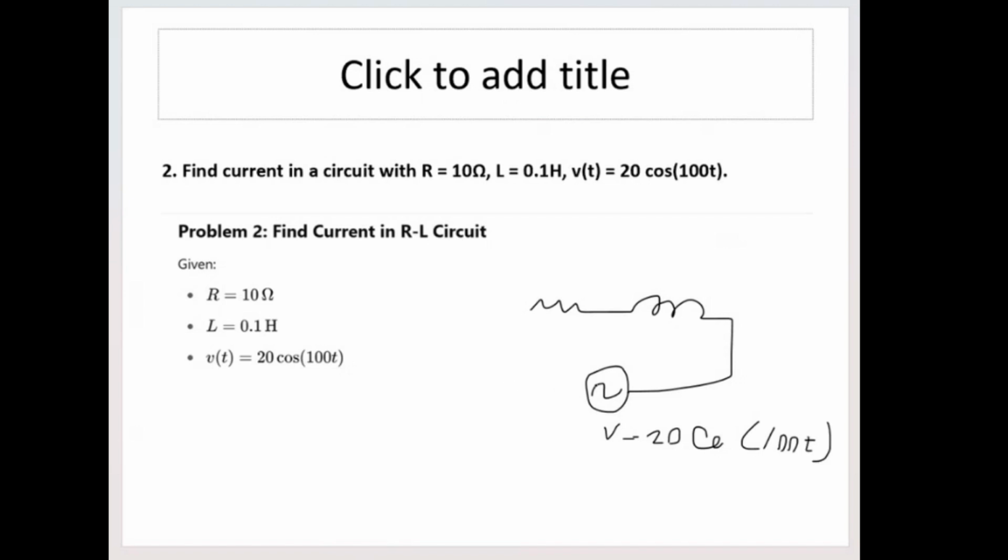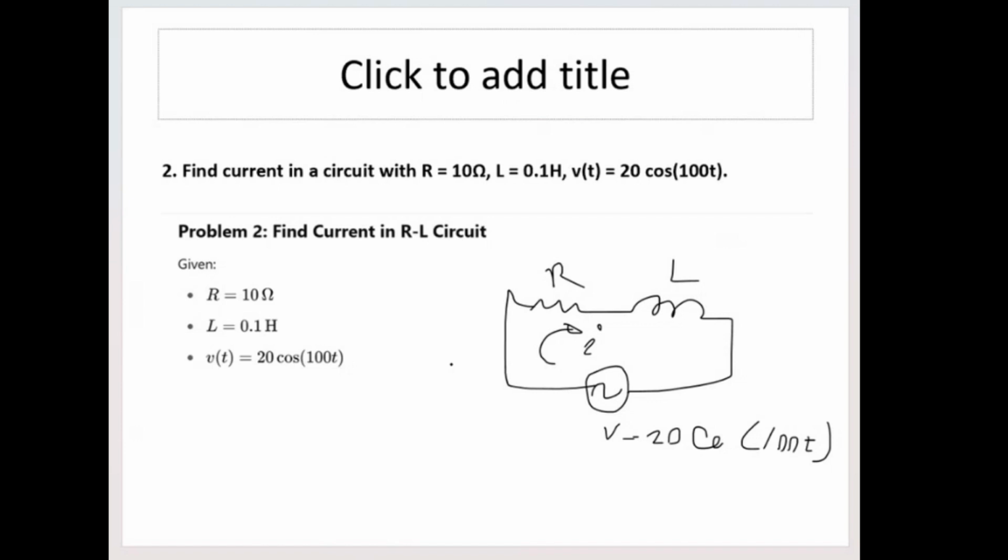So this is R, and obviously this is L. I'm looking for the time domain function for the current.